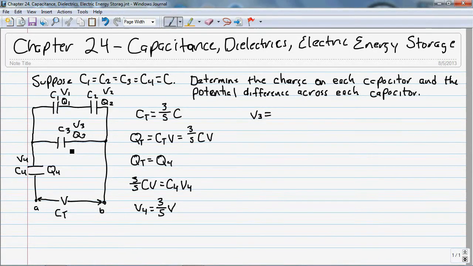We know that the potential across capacitor C3 has to equal the sum of the potentials across capacitor C1 and C2. If not, we would have things moving around, and then we're in equilibrium here. But that's also going to be equal to V minus V4.